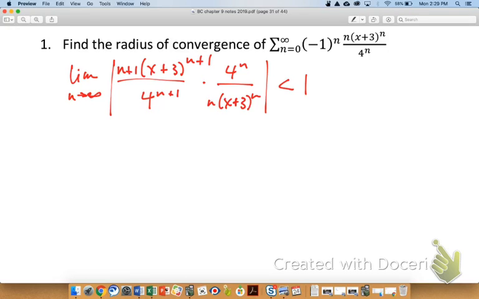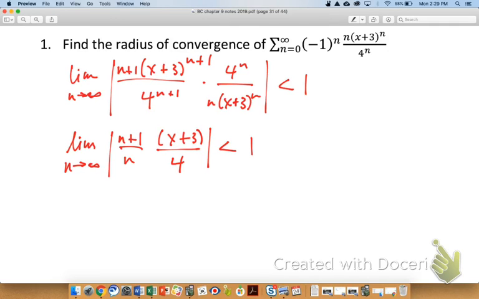So let's see here. If you do all your simplifying, this would be n plus 1 over n, and it would be x plus 3 to the first, and it would be over 4 like so. I canceled all my plus ones and all that stuff.